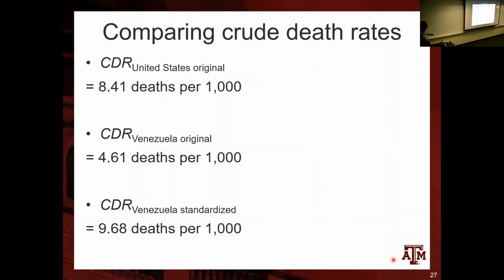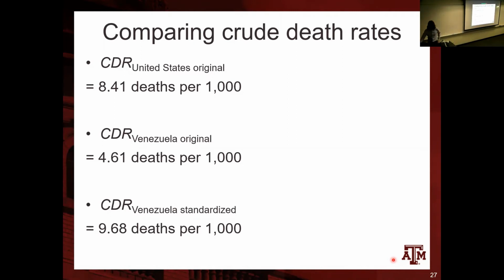I'm going to go back to this data. The original crude death rate in the US that we saw before was 8.4 deaths per 1,000 people. In Venezuela was 4.6. So we had the misleading information that mortality was higher in the US. But if we get the age-specific death rates in Venezuela applied to the population in the US as the standard population, we would have 9.68 deaths per 1,000 people.